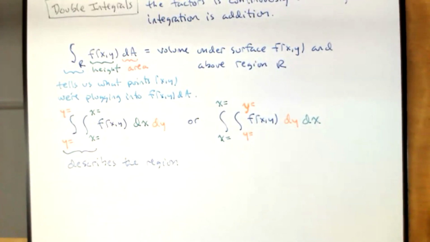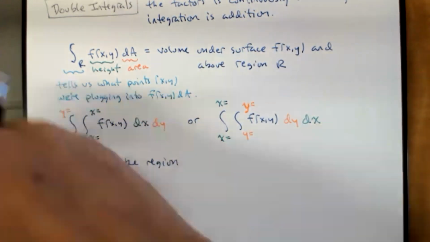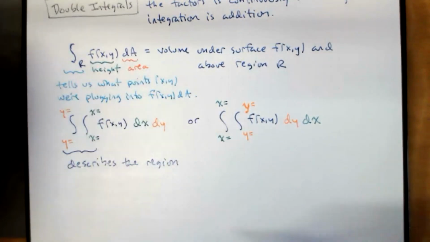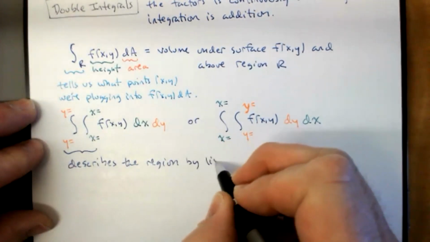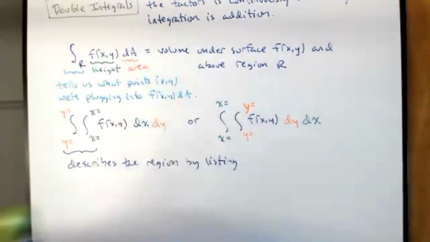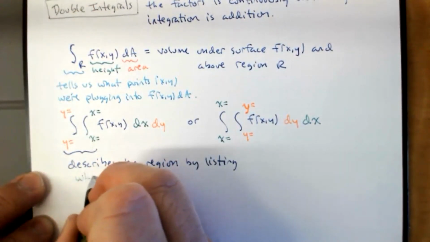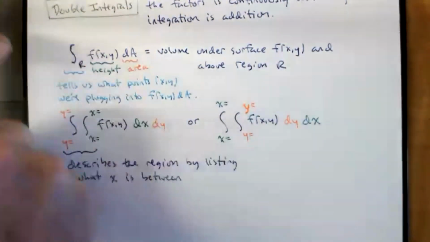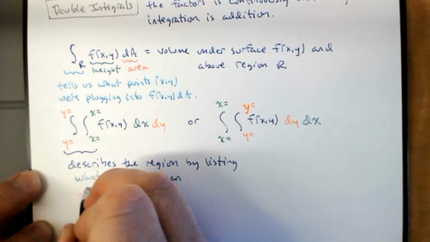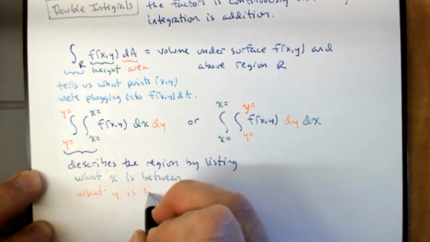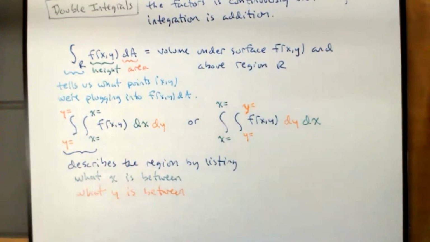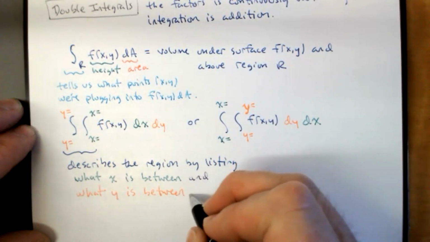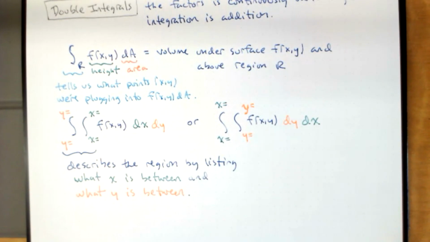So this double integral part is describing the region by listing what x is between and what y is between. So that's how we're going to play the double integral game.